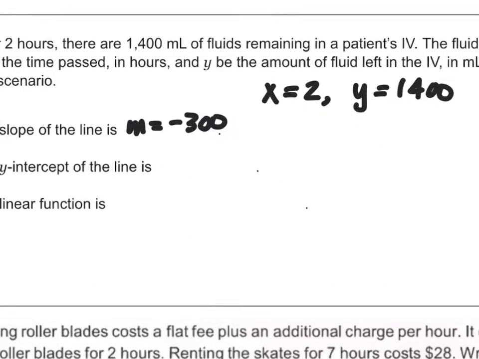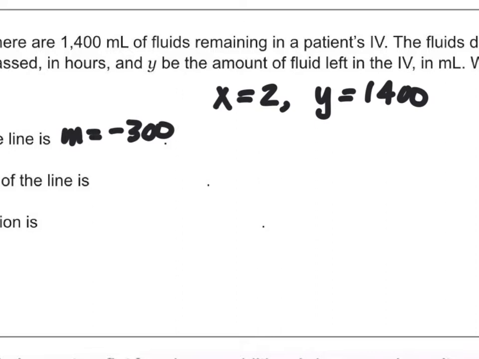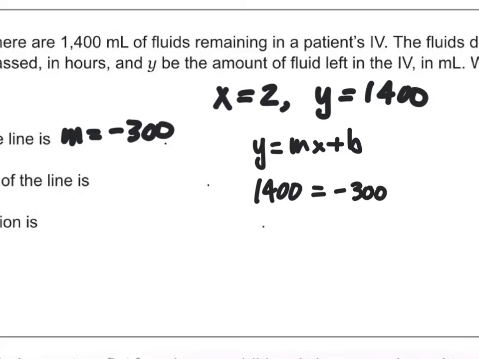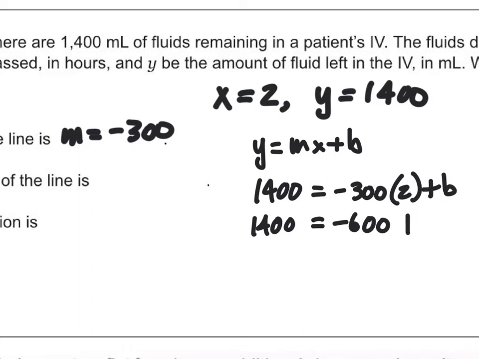So I'm going to use this to help me figure out what the equation of my line is. I'm going to use y equals mx plus b, and substitute 1,400 in for y, negative 300 in for m, and 2 for x, plus b. So I've got 1,400 is equal to negative 600 plus b.